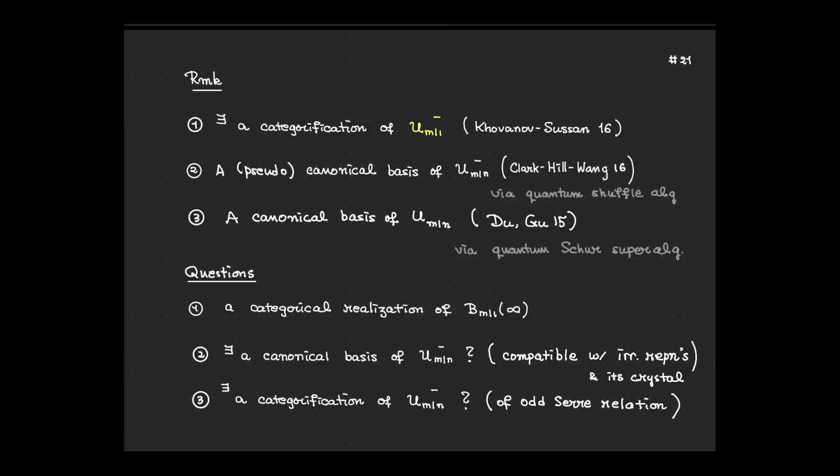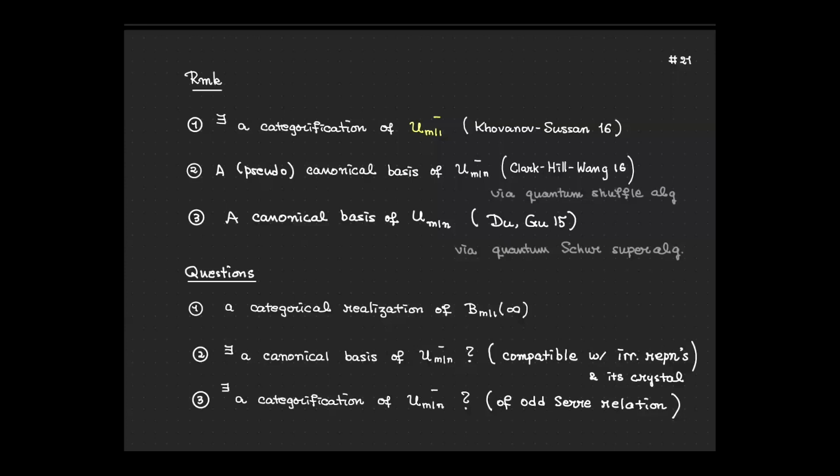So many people are asking, including me, whether there is also a categorification of the negative part of the quantum group even for GLMN. But still there is no satisfactory answer so far. Even the Ringel Hall algebra doesn't exist in the super case.